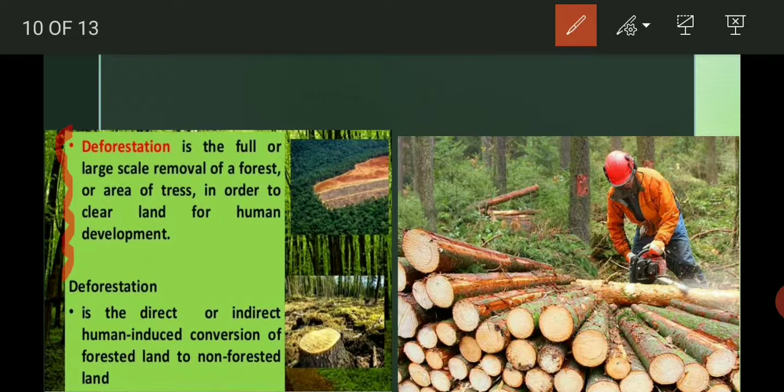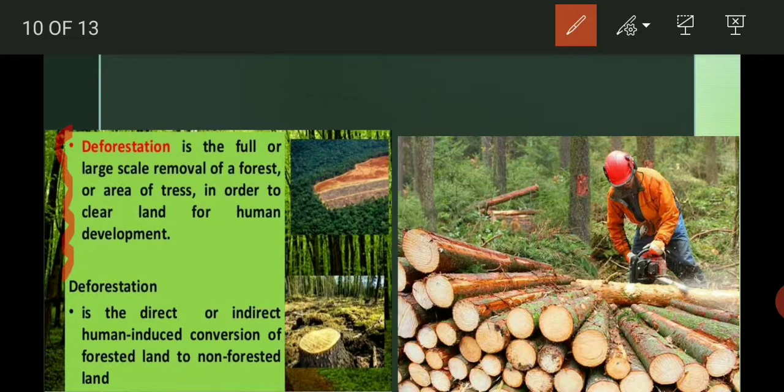So these trees are cut down because of human development, meaning for industrial use, or roads and transport communication, railway tracks. For these reasons deforestation happens.